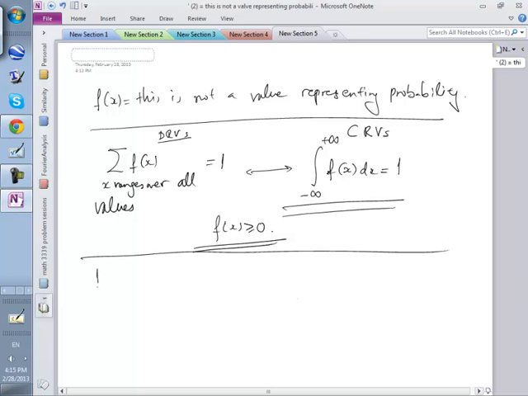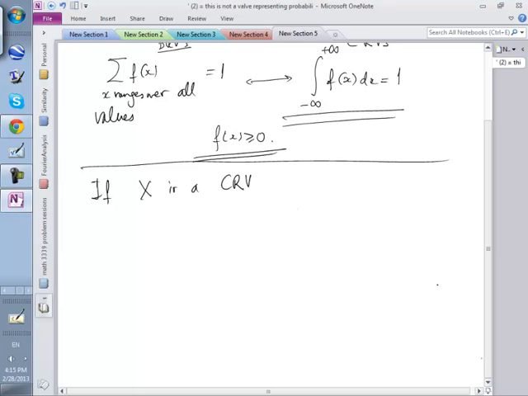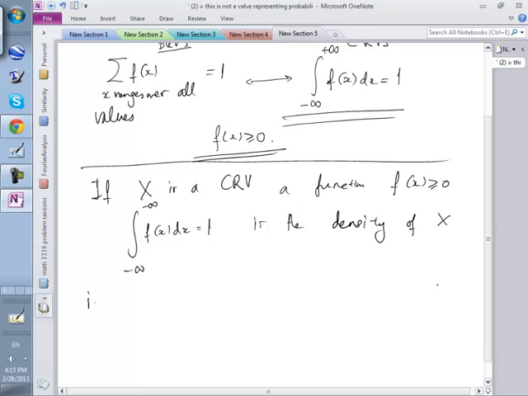If x is a continuous random variable, a function f which is non-negative and whose integral is equal to 1 is the density of x if the probability that x takes values between a and b is equal to the definite integral of the density function from a to b.